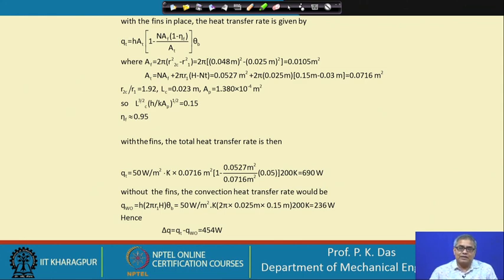So, basically by this time we should be convinced that, particularly on the gas side, providing fins gives some advantage in heat transfer. The total heat transfer can be increased and the heat exchanger can be made compact. But one thing we have to keep in mind, and probably in a later lecture I will touch upon that, is that in many of these cases there is an extra amount of pressure drop.